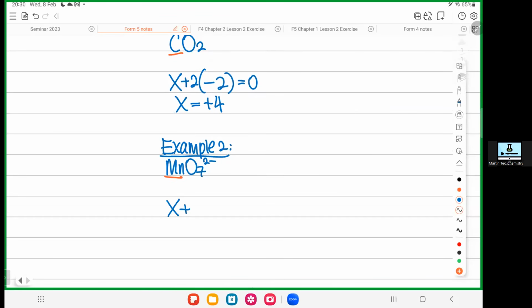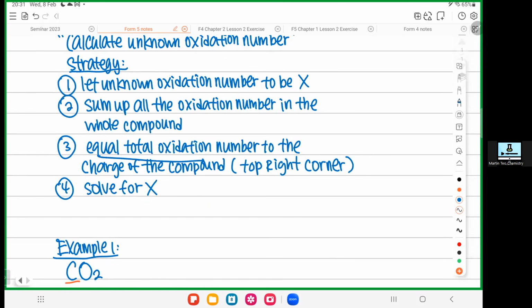So add with the oxygen. Oxygen, what is the oxidation number? -2. How many oxygen do we have? 7, so multiplied by 7. You add the oxidation number of Mn and the 7 oxygen together, equal to what? Always equal the whole thing to the charge of the compound.